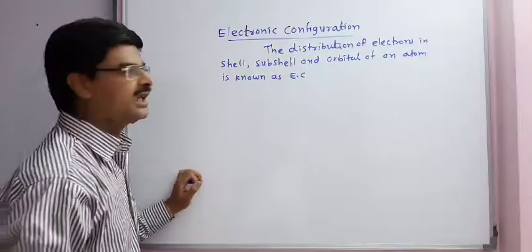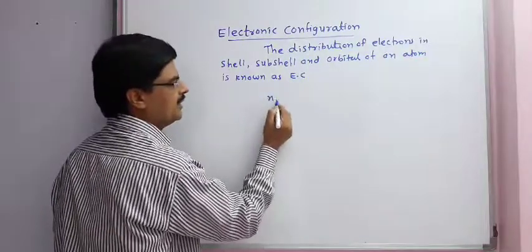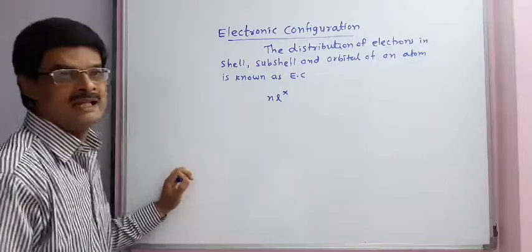Electronic configuration can be represented in different ways, like first, nlx.